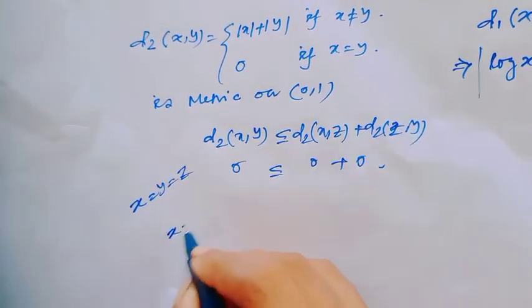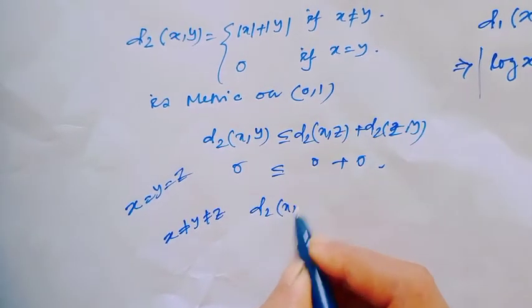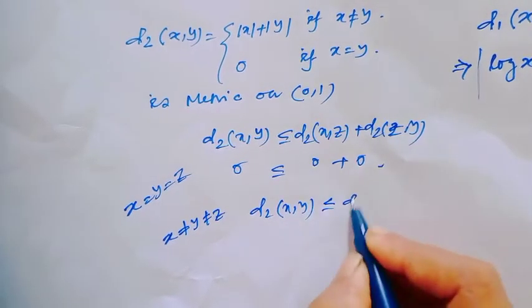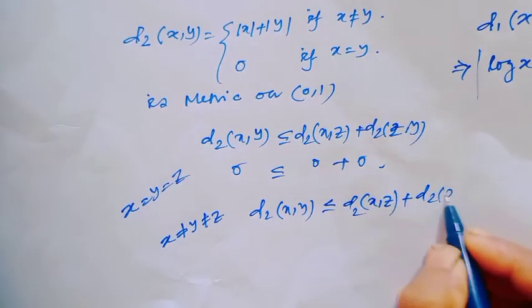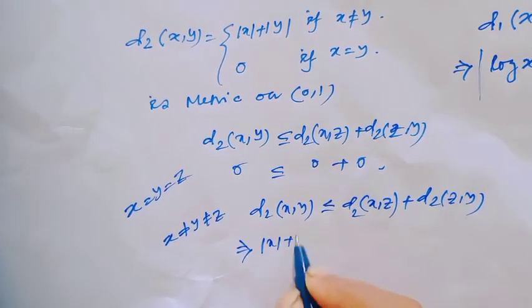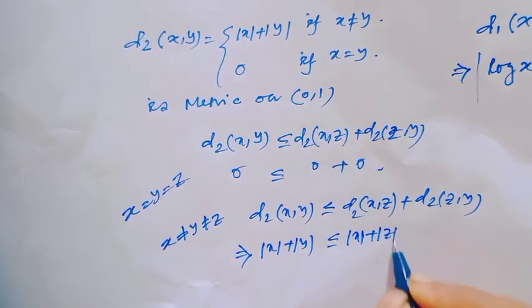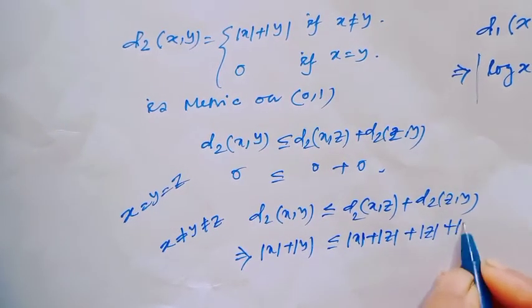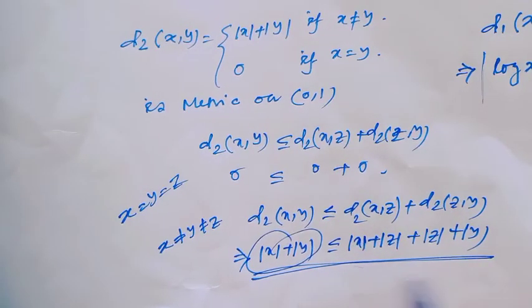When x not equal to y not equal to z, then obviously d2(x,y) is less than or equal to d2(x,z) plus d2(z,y), because this means mod x plus mod y, and this means mod x plus mod z plus mod z plus mod y, and this value is obviously less than or equal to that value because this is the bigger term.